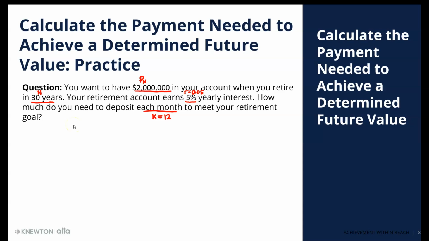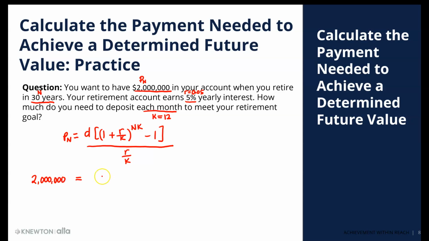And to solve this, we will use the same formula, P sub N equal to D times 1 plus R over K raised to capital NK minus 1 divided by R over K. And then we plug in the amounts that we have. The accumulated, or P sub N, is the accumulated amount, which is 2 million.